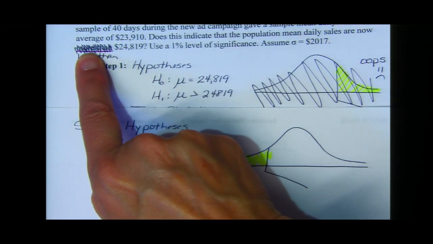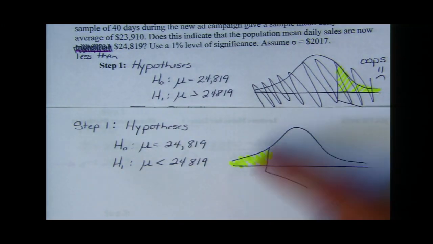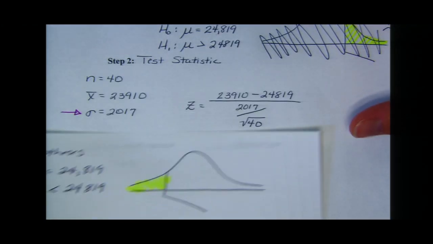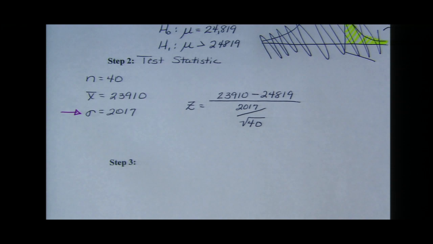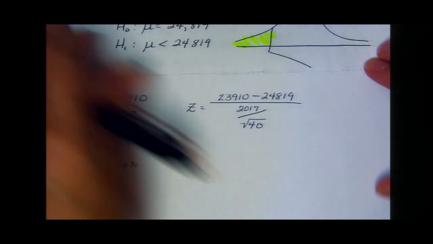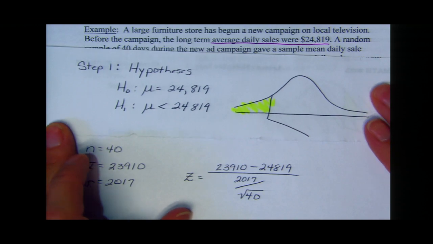I just neglected to change that wording. So this is the correct step 1. In step 2, this test statistic, I'm just going to do a little adjustment. Again, I apologize, but I do not want to record this all over again. So we're just going to change this. All right, so those are the correct hypotheses.